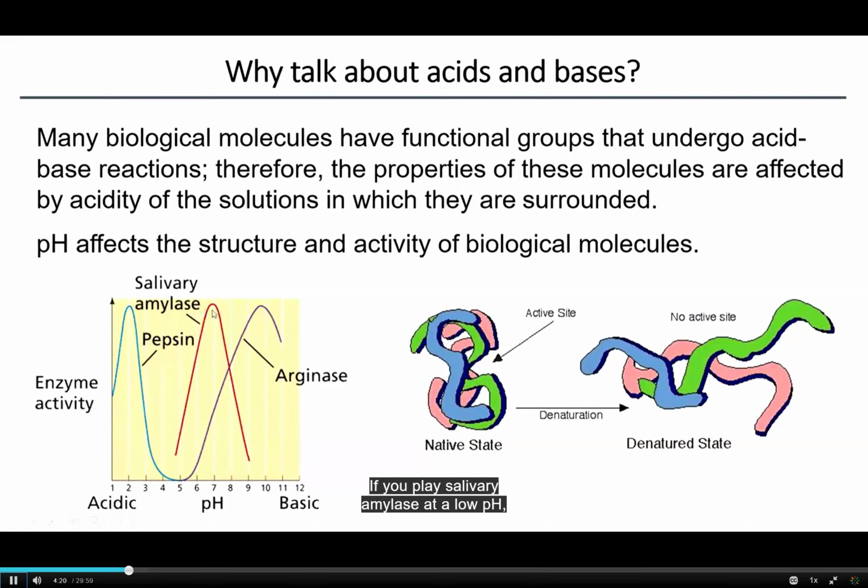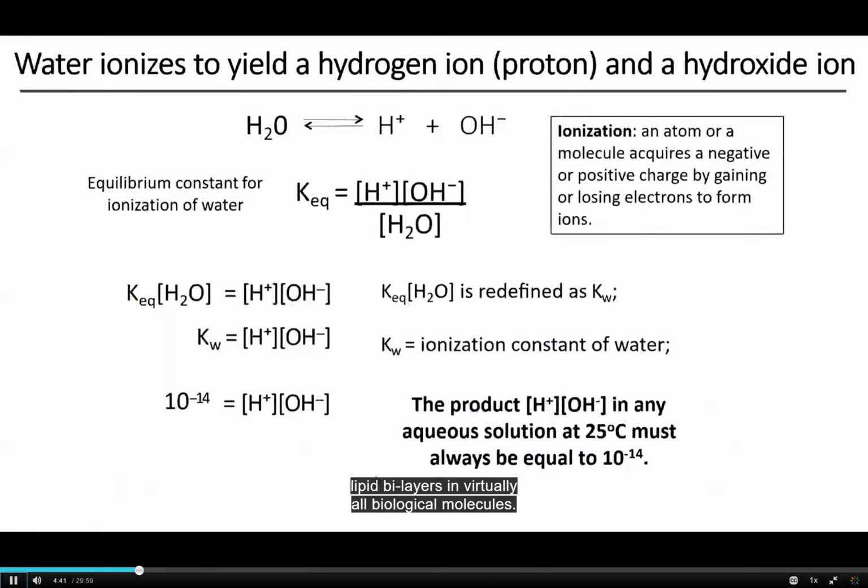If you place salivary amylase at a low pH, it too will unfold and become inactive. And so it's really important to understand the pH of the environment, since that's going to definitely affect the structure of enzymes, proteins, structural proteins, lipid bilayers, and virtually all biological molecules.